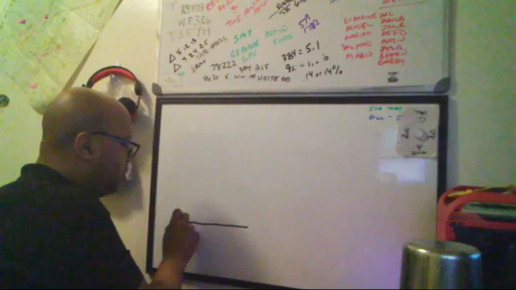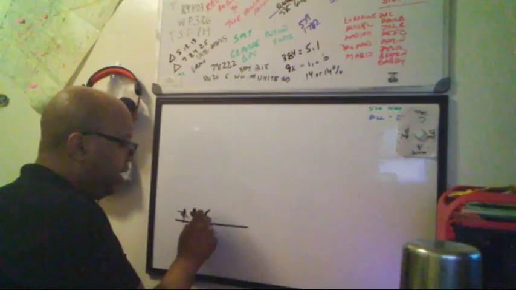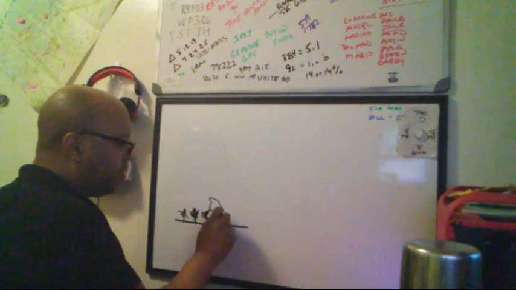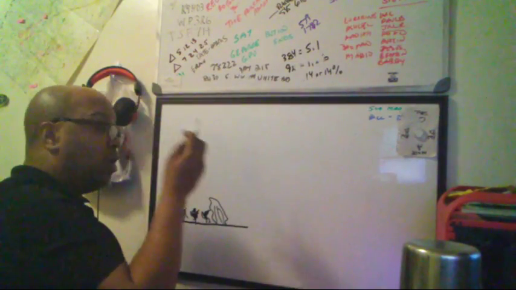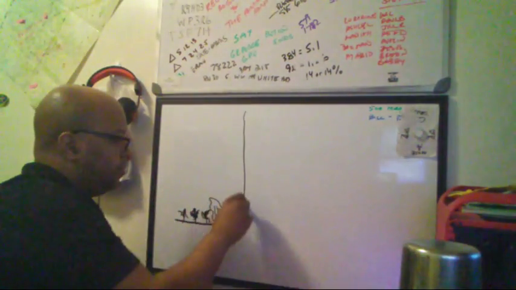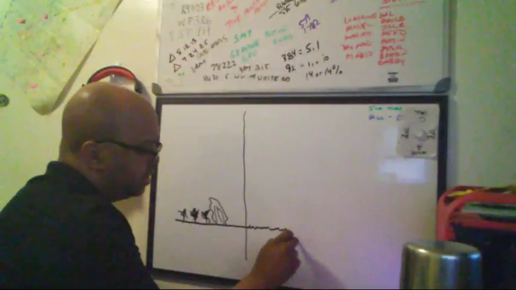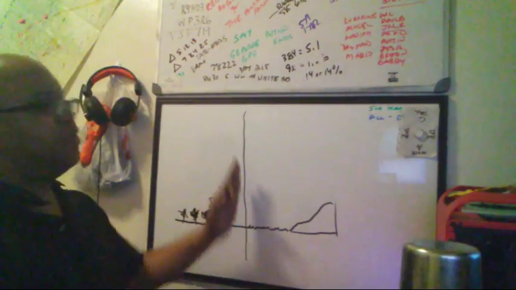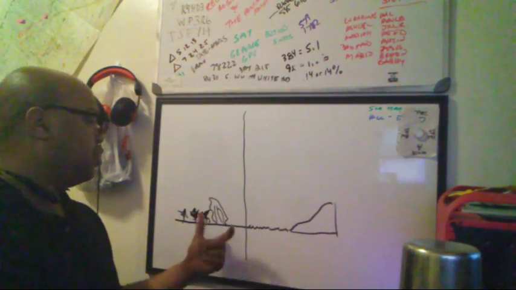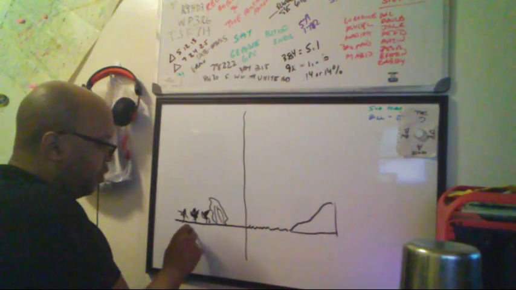Let me put some sea plants in there, plant eating fish and stuff, and maybe a little rock under there. Now I'm also going to draw a line. This is the ocean, and that's land. These are two different situations that I'm separating. I'm showing you the bottom of an ocean floor.